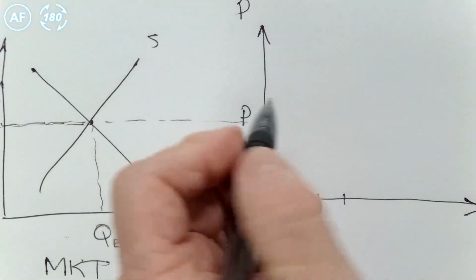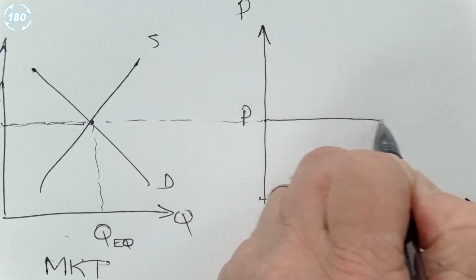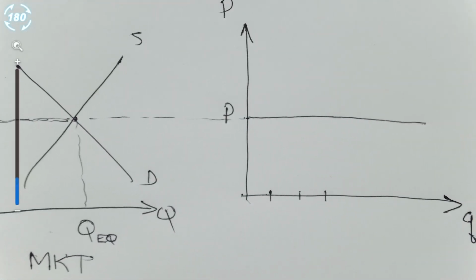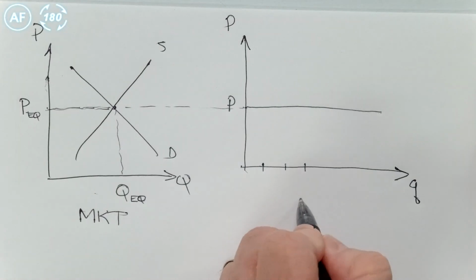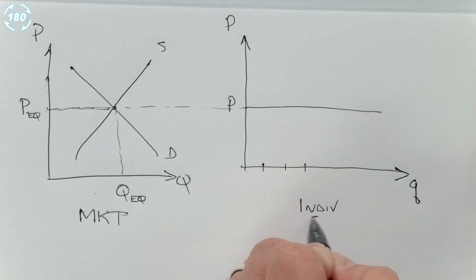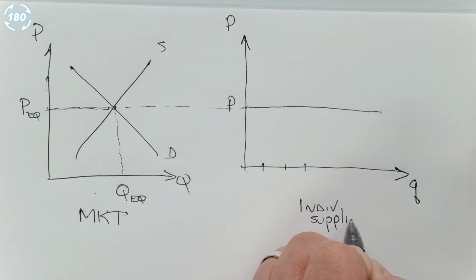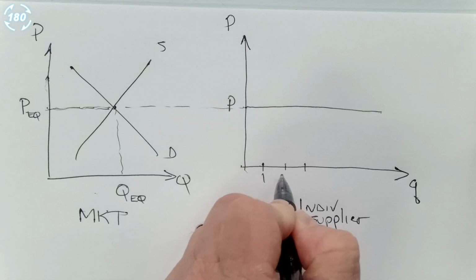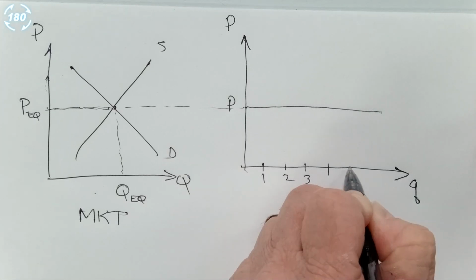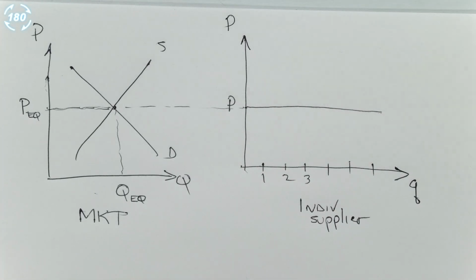So we're going to look at why this table has this shape here. Well, the price is going to be constant here for the individual supplier. So it doesn't matter whether they bring to market 1, 2, 3, or however many units or thousands of units, they accept the same price. Okay?